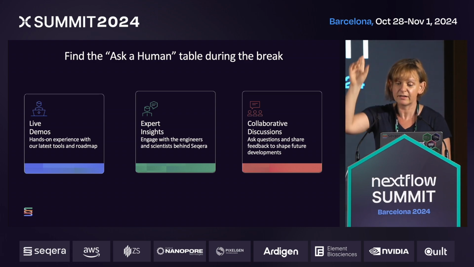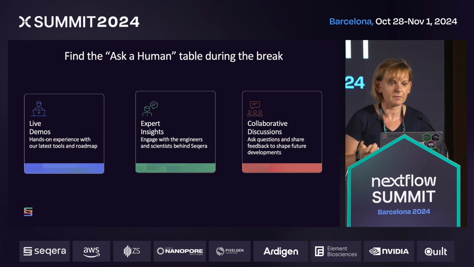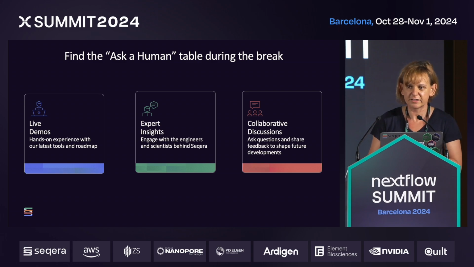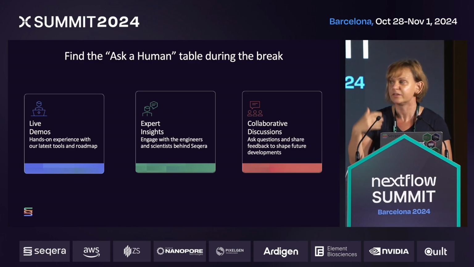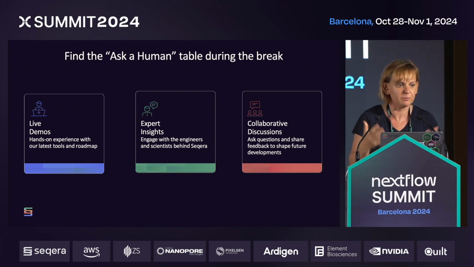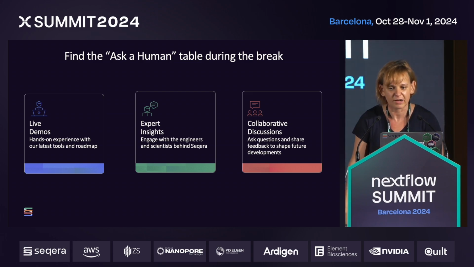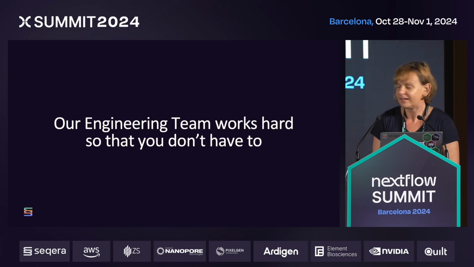So on the coffee break, come up and talk to the engineers. Tell them about your problems, but don't tell them just about the problems you're facing with our software. Tell them about the problems that you're solving, the way that you're talking about it today. Because what we want to do is build a better experience for you, and for that we need to understand what your problems are. Thank you.